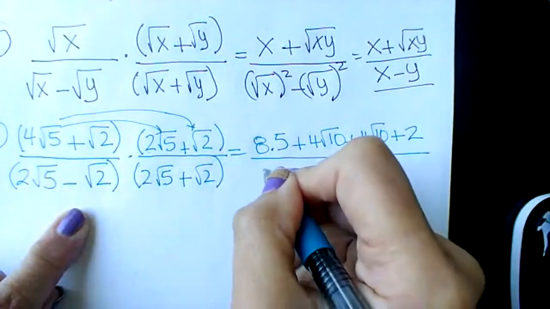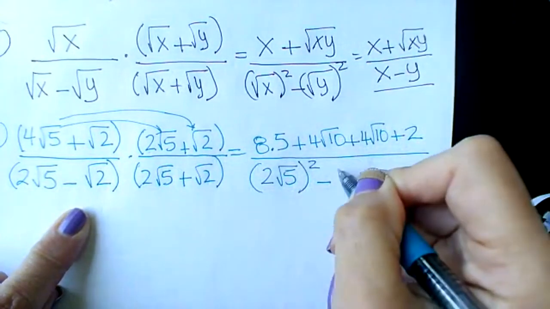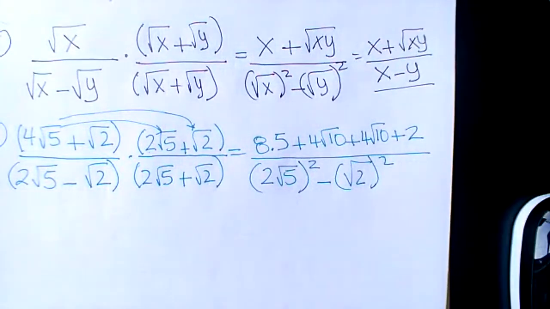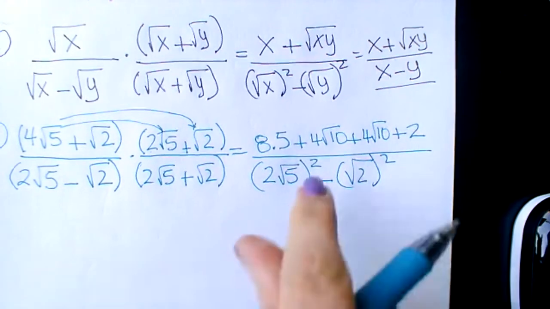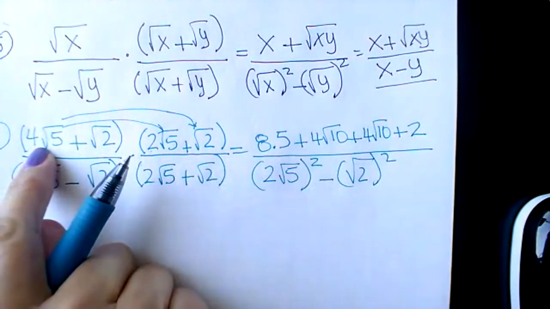Now, the bottom, we know is the first term squared minus the last term squared. Okay? Now, we're not done yet. So we have 4. Oh, hold on.